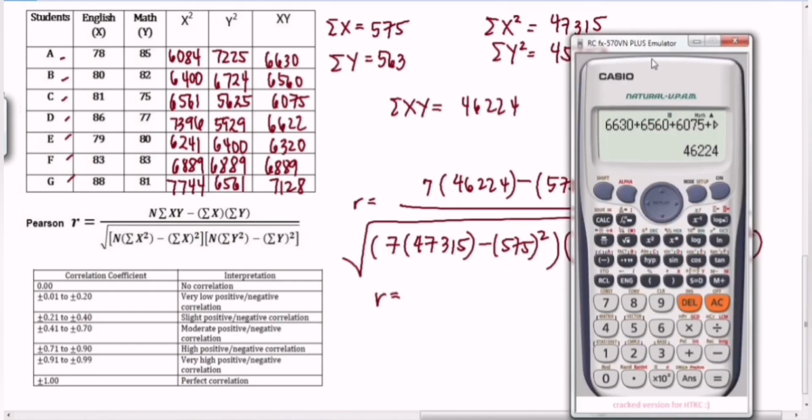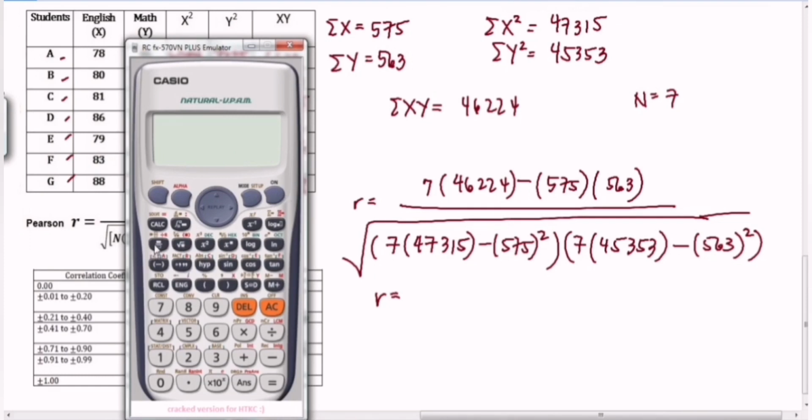Okay? So you will get your calculator again. And then fraction. So sa taas muna, 7 times 46224. Close parenthesis, minus 575. Open 563, close parenthesis. So, sa ilalim, baba nyo lang. And then, parenthesis, kopyahin. So, parenthesis 7.